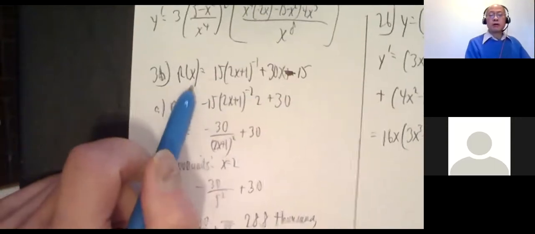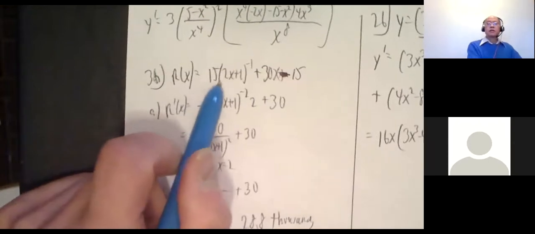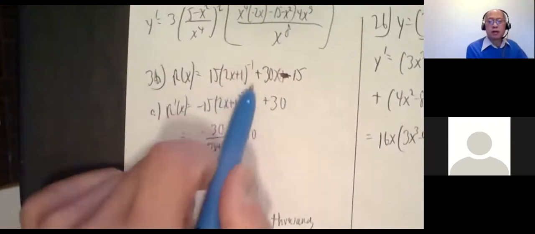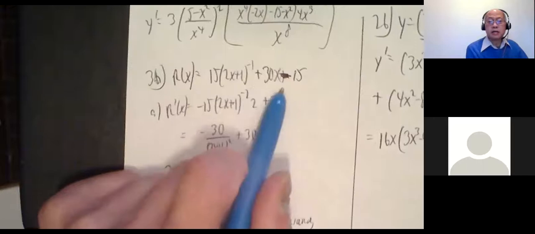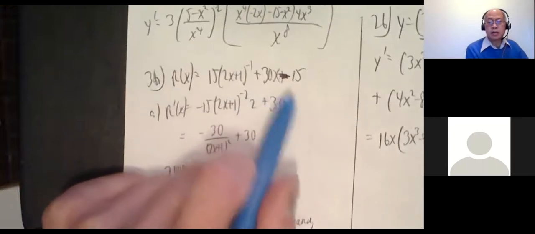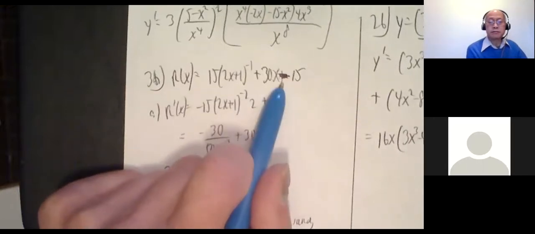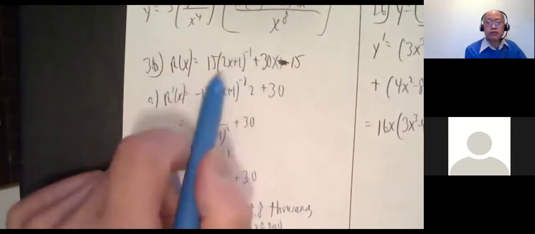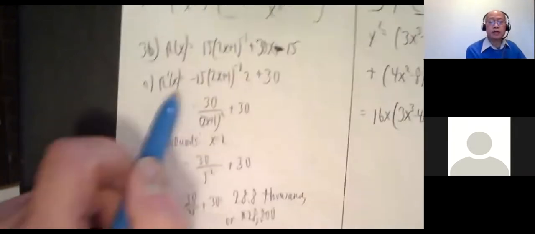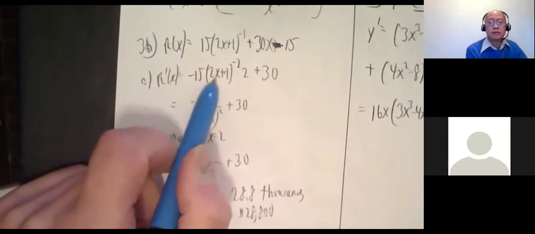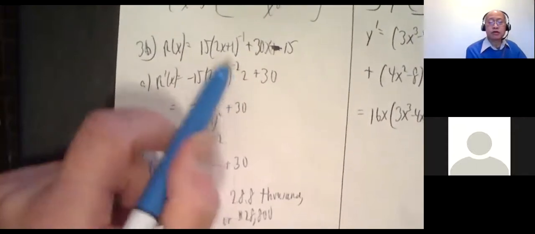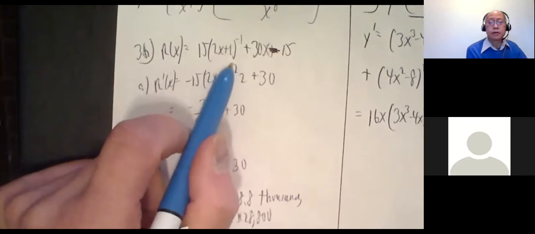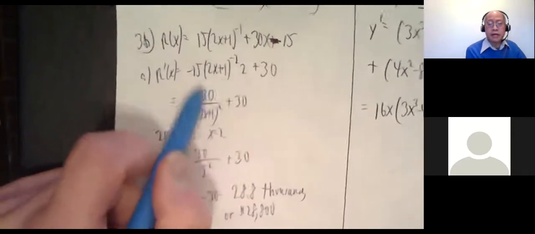So the revenue function is 15 times (2x plus 1) to the negative 1 plus 30x minus 15. That's a minus there, sorry. All right, so the derivative. Negative 1 comes down, hits the 15, negative 15, times (2x plus 1) to the negative 2 power, times the derivative of the inside.